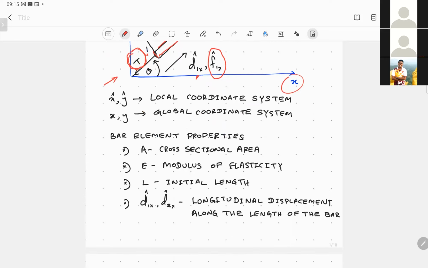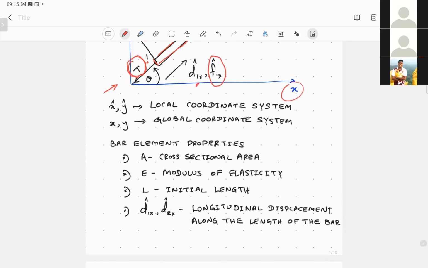So when we consider the bar element, there are certain properties. The cross-sectional area of the bar is considered to be A, E is the modulus of elasticity, L is the initial length. Of course, d1x hat and d2x hat are the longitudinal displacements along the length of the bar.